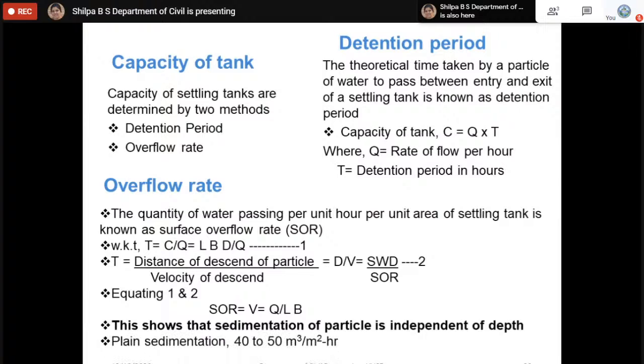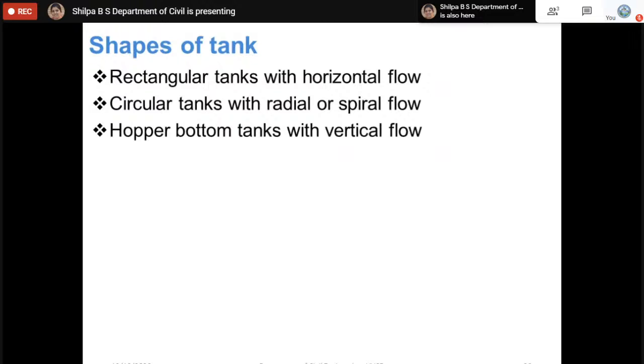It is nowhere related to the depth of the tank. For plain sedimentation, we take the surface overflow rate as 40 to 50 meter cube per meter square hour, and for sedimentation with coagulation, we take 50 to 60 meter cube per meter square hour.